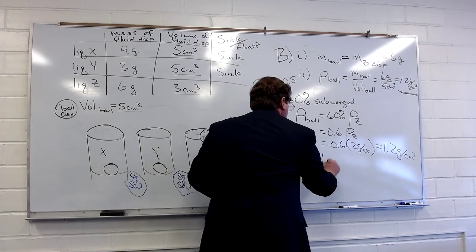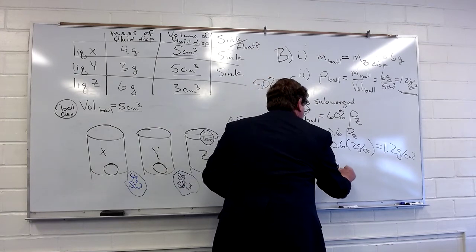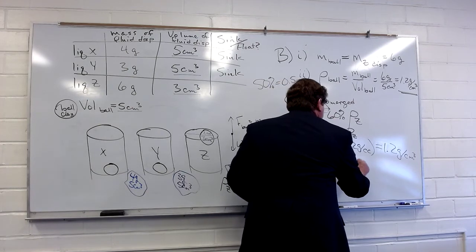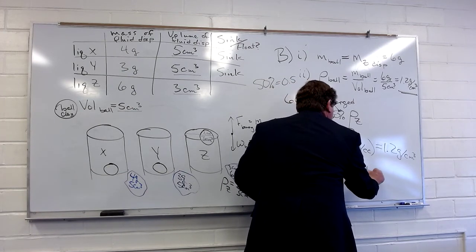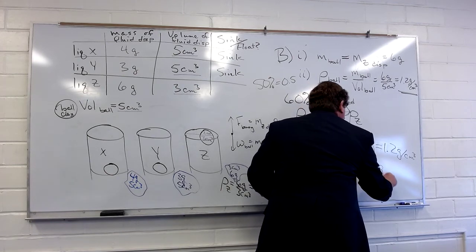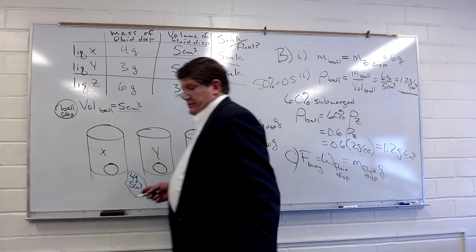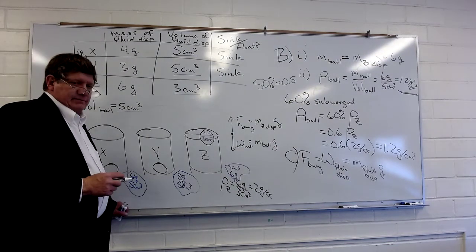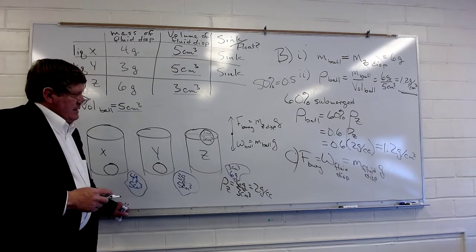Okay? So the buoyant force is equal to the weight of the fluid displaced. Well, that's equal to the mass of the fluid displaced times G. Well, G is just 9.8, call it 10 newtons for each kilogram, always.